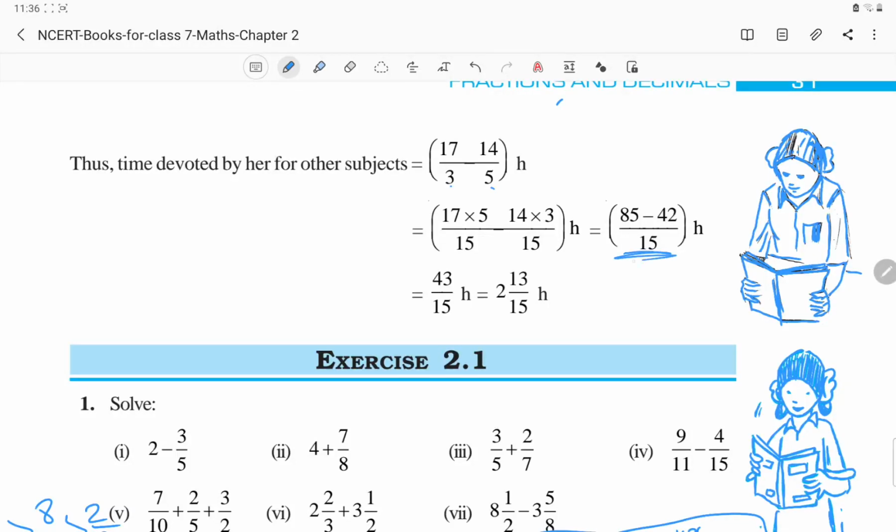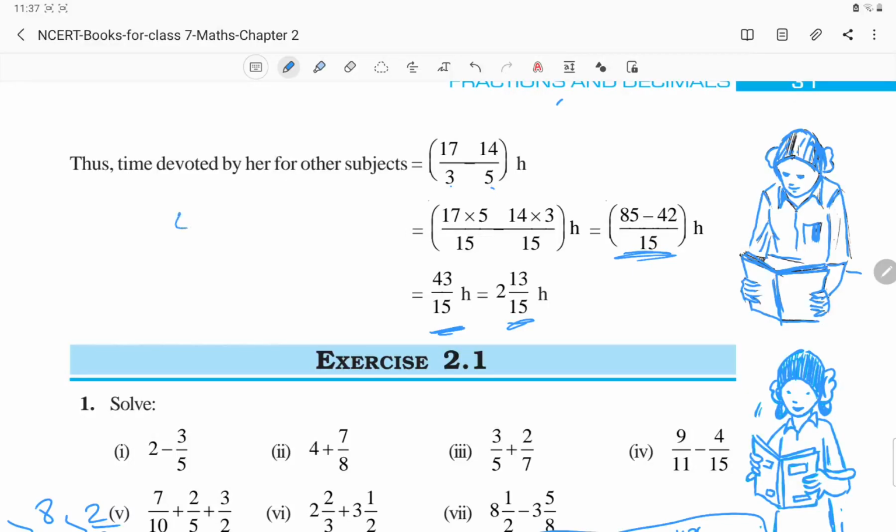So you can see here, 85 minus 42 over 15 hours, which equals 43/15 hours, which equals, back to a mixed fraction, 13/15 hours. And how do we convert an improper fraction to a mixed fraction?